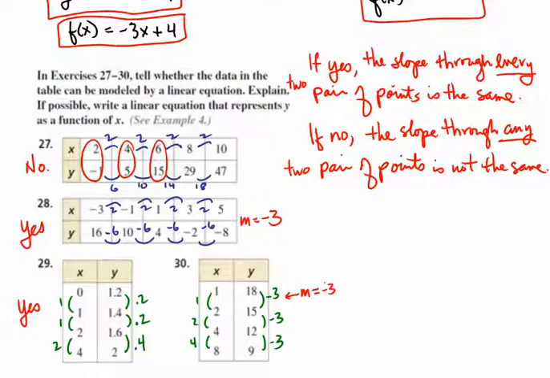But the slope through the second 2 points is -3 over 2. And the next one would be -3 over 4. So the slope between two pair of points are not the same, and so we would say that number 30 is a no.